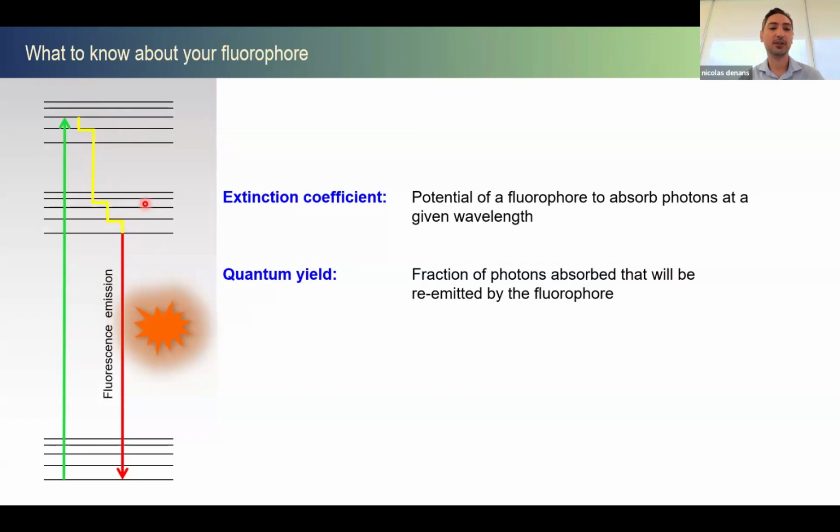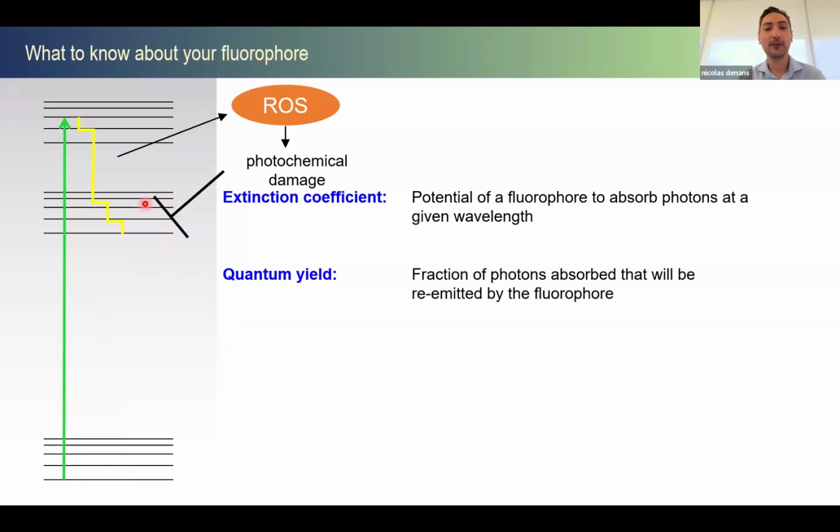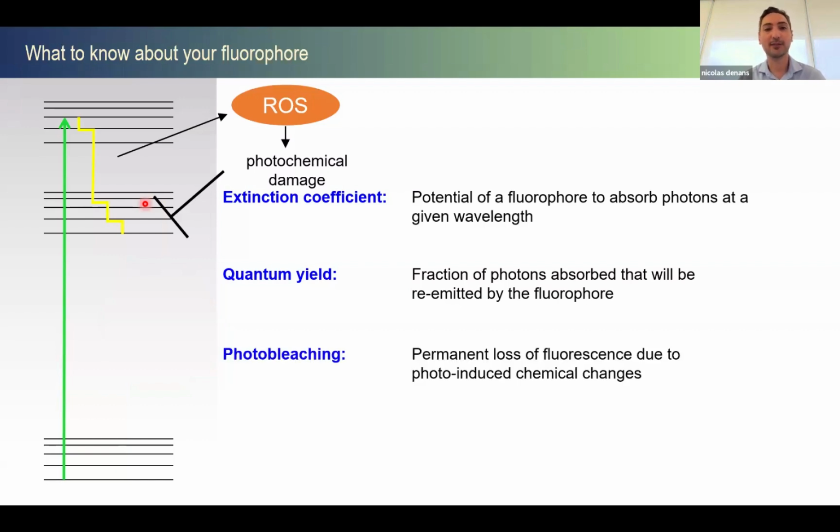They can dissipate energy in the form of heat, for instance, but also chemically. That produces reactive oxygen species, and reactive oxygen species lead to photochemical damage. When there is photochemical damage, you lose fluorescence permanently. That is called photobleaching, this permanent loss of fluorescence due to photochemical damage.